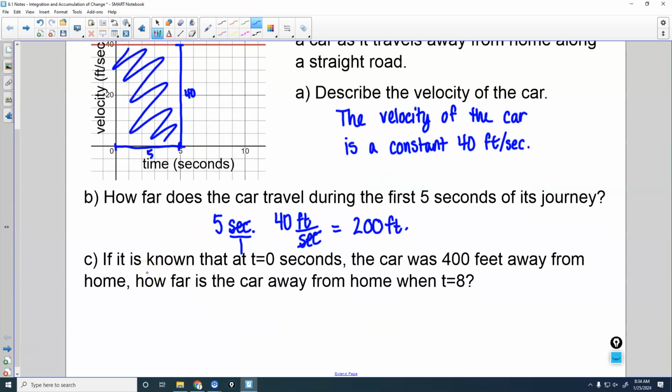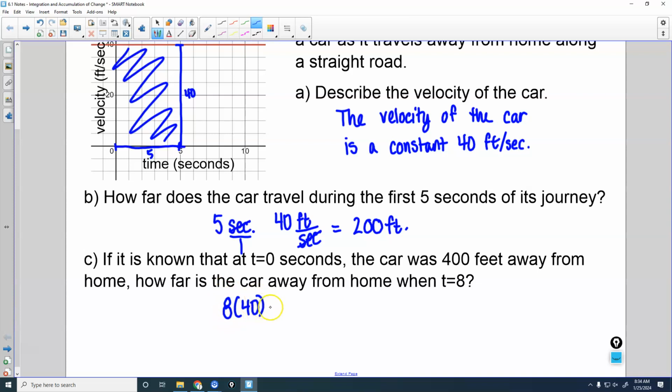Part C, it is known that at t equals 0 seconds, the car was 400 feet away from home. How far is the car away from home when t equals 8 seconds? Okay, how'd you get it? Just do 8 times 40 plus 400.